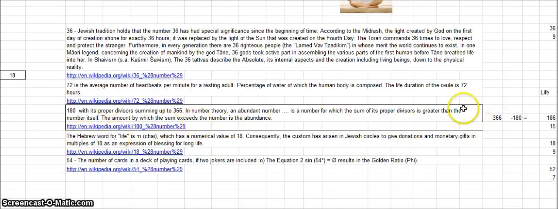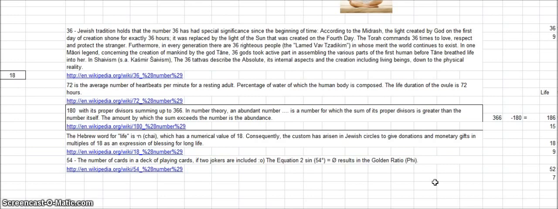180, which was your ultimate goal there, Mighty, ends up coming out. It's actually a really cool number because love is all about sharing. And 180, with its proper divisors, sums up to 366. Now that means that if you were to divide 180 by whole numbers all the way through and then add all of those numbers together, it would come to 366.